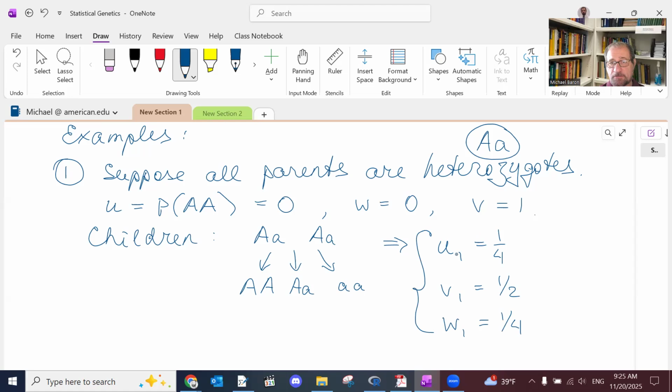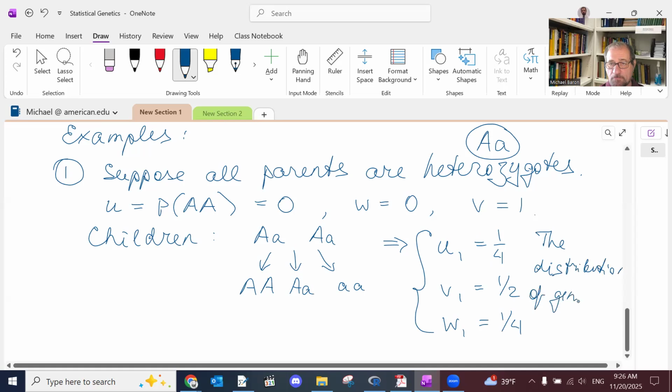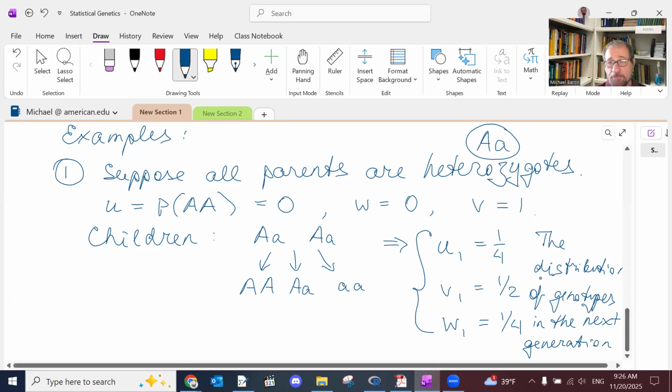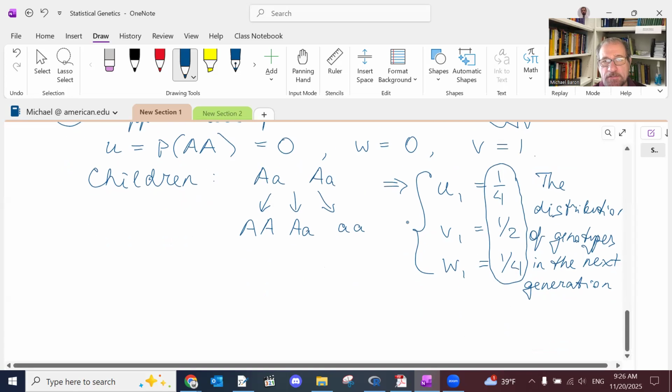These pairs of genes are called genotypes. Distribution of genotypes in the next generation. Right? Okay, let's remember 1/4, 1/2, and 1/4 as we consider some other examples.